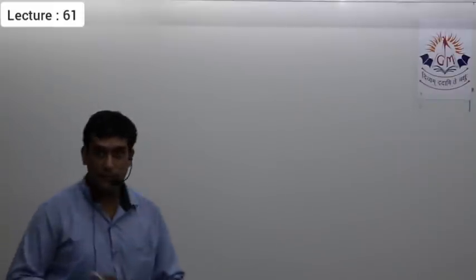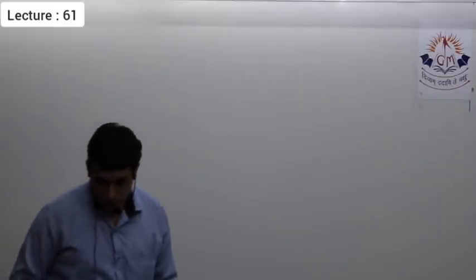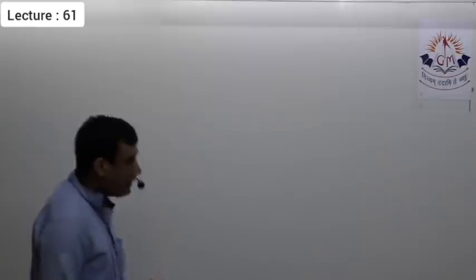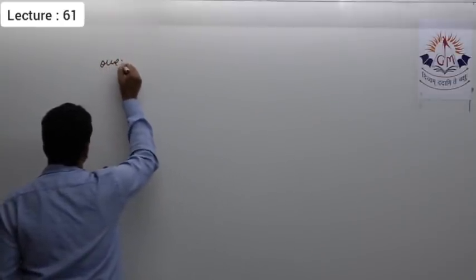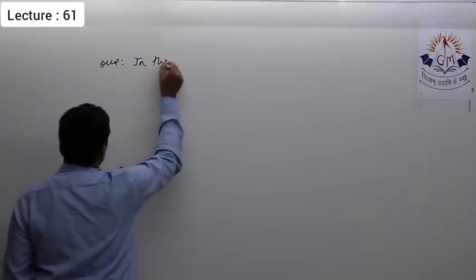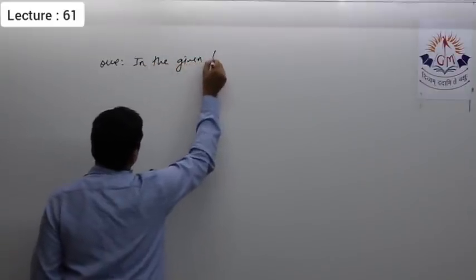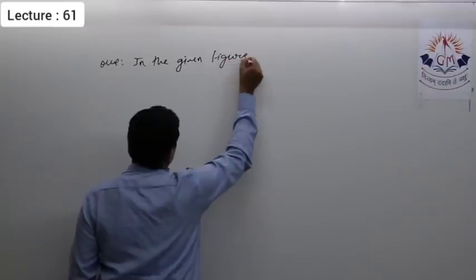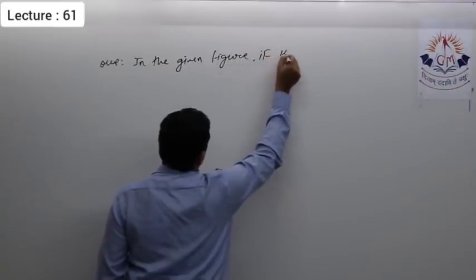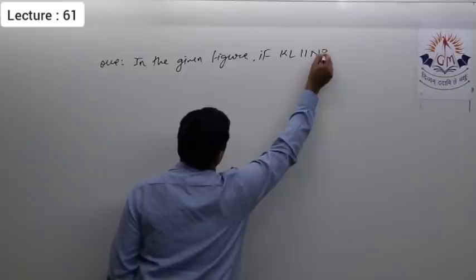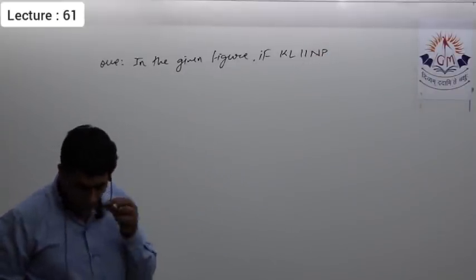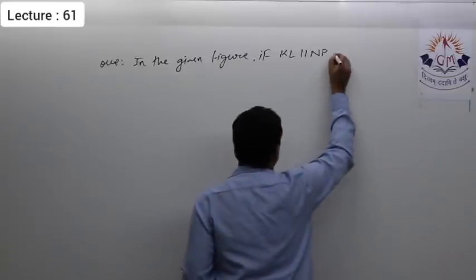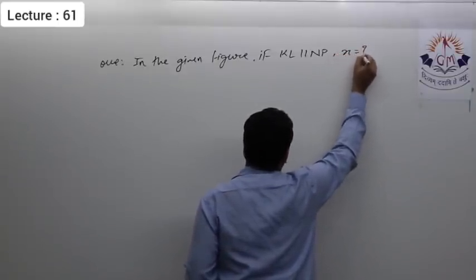Okay, now let us see the next question. In the given figure, if KL is parallel to NP, then find the value of x.